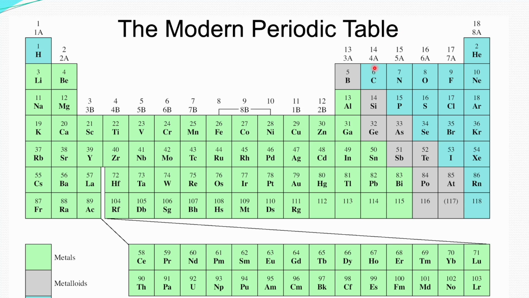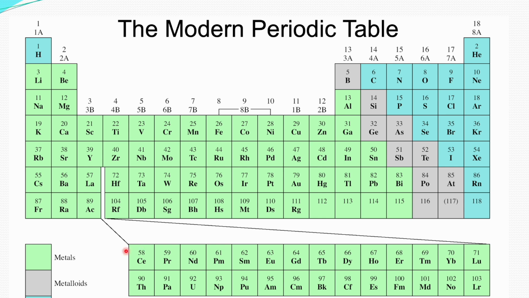The key thing to remember is the metalloids behave like both metals and non-metals. But for the most part, you can consider them to behave like non-metals, especially the ones on top. As you go to the bottom, they start behaving a little more like metals. The lanthanides and actinides down here are also metals.